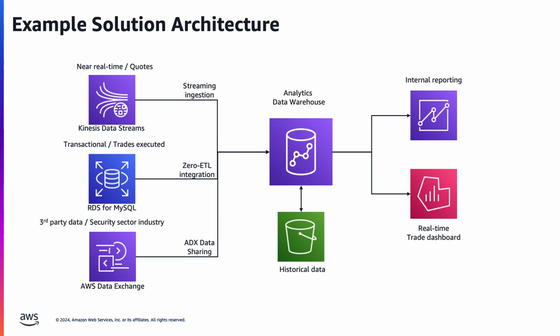And finally, the third party data, for example, market data like sector, industry, or security master, is being procured via the AWS Data Exchange and is directly available in Amazon Redshift as tables without needing to ingest it via files. The analytical data warehouse, which runs on Amazon Redshift, powers both internal reporting, leveraging QuickSight, and also a near real time trade dashboard, which is built using your favorite dashboarding tool.